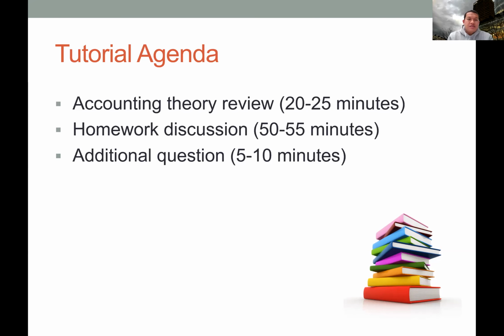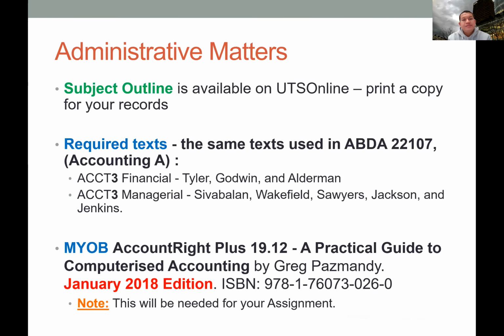Next is some admin information. The subject outline. In the subject outline, you can see the homework questions. Some students answer a wrong question because they didn't check this in the subject outline. So before you start doing your homework, it's better to check in the subject outline the question numbers and the discussion questions.